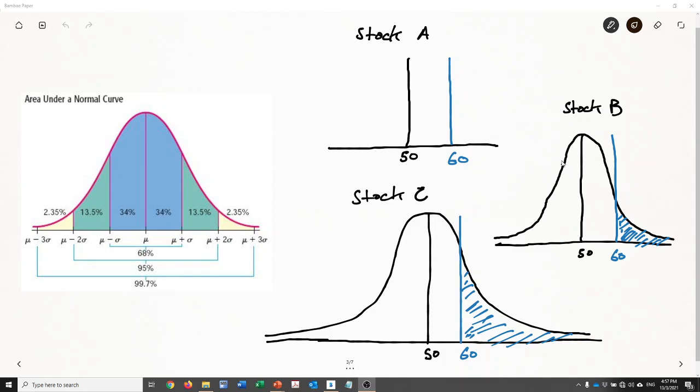Okay, let's compare the distribution of stock A with the distribution of stock B. Stock B has a slightly higher volatility compared to stock A, and it also has a mean of 50, and an option written on the stock with a strike price of 60. Now my question to you is, will you be willing to buy the call option written on stock B?